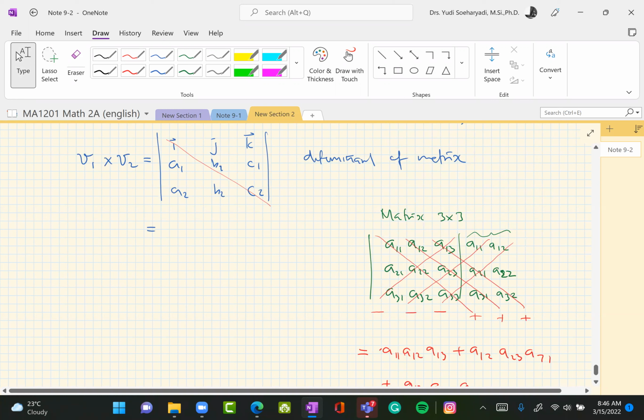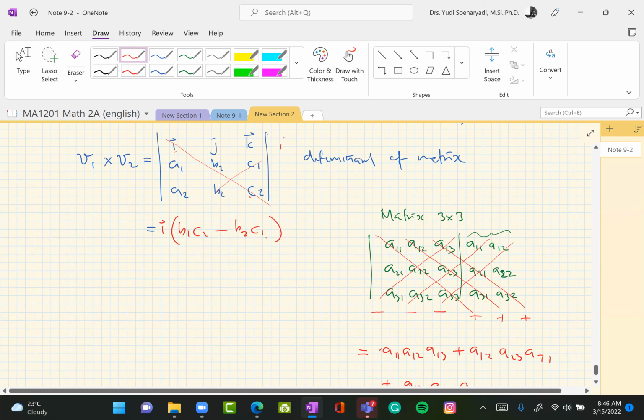So going this way, we call this I. Here is B1, C2 going this way, but you subtract because this is I here. So subtract B2, C1.